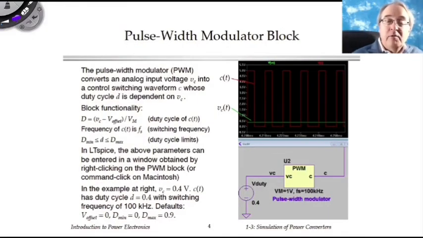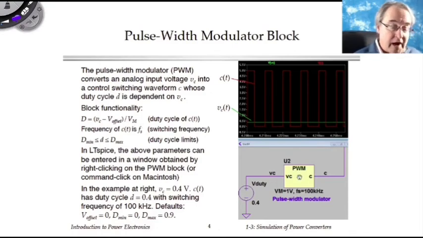Briefly, here are a few more details regarding the models that we have provided for the pulse width modulator block and the gate driver block. The functionality of this block is that it produces an output logic signal C having a duty cycle given by this formula. So it's a function of Vc, the input voltage. It can have an offset, and it also has a gain, so it's divided by some effective number Vm.